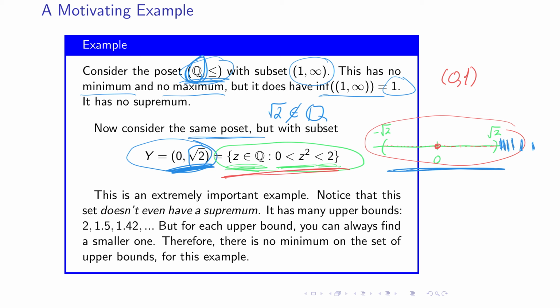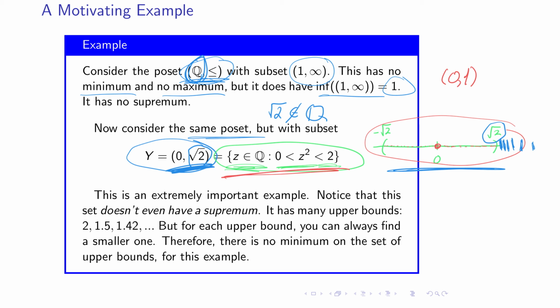You can even form a sequence of upper bounds that gets closer and closer to the set, but that sequence is not going to have a minimum, which is what you need for the supremum. It doesn't have a minimum because, in some sense, if it were to have one, it would be square root 2, but that's not a rational number.